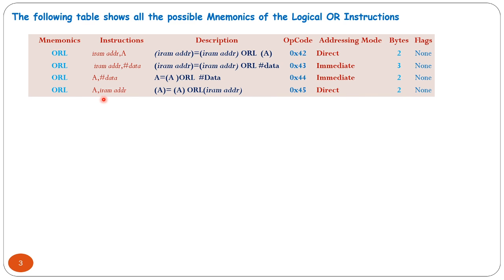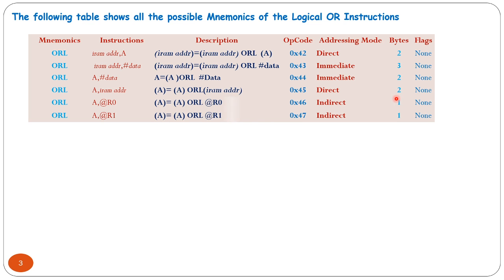ORL A, internal RAM address byte: the content of RAM whose address is directly given is logically ORed with the accumulator, and the result is stored in the accumulator. It has operation code 45H, direct addressing, 2 bytes, and flags are not changed.